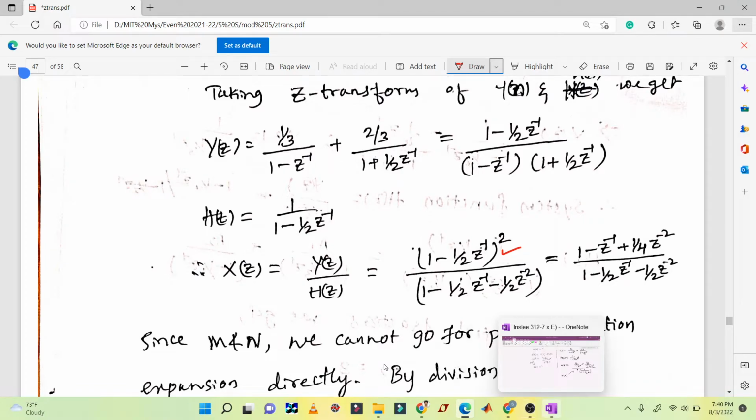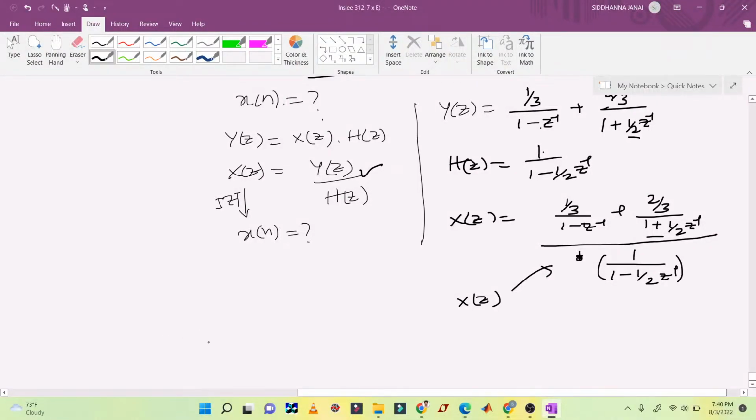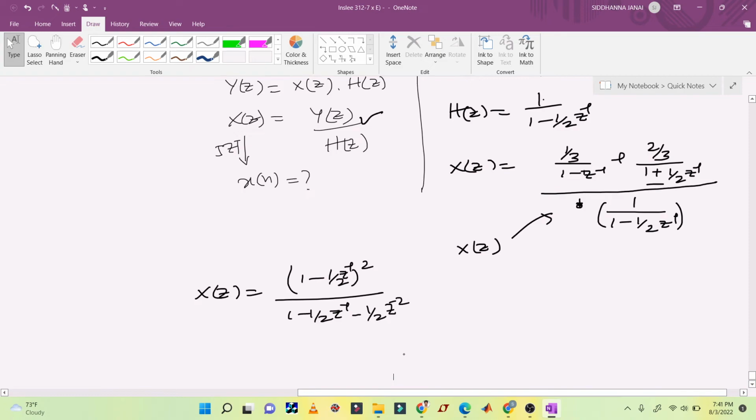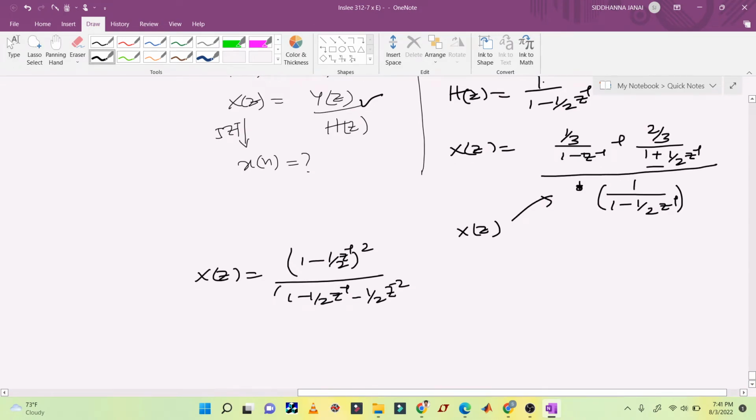So it is 1 minus 1 by 2 z inverse whole square, divided by 1 minus 1 by 2 z inverse minus 1 by 2 z inverse square. So this is the x of z we are going to get after simplification.